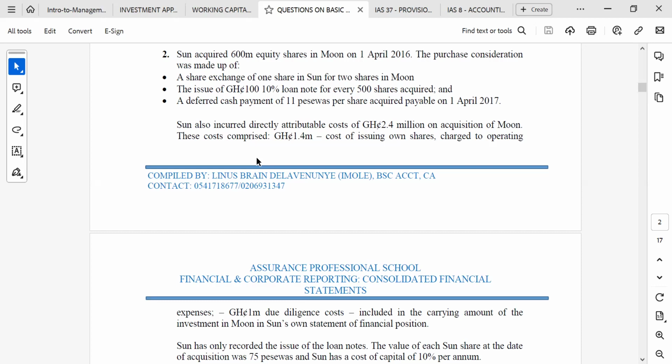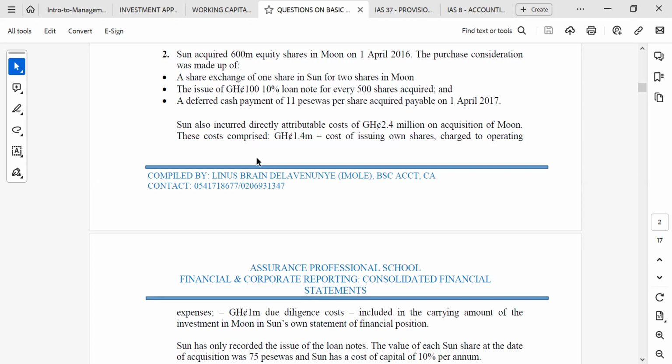They said that Sun also incurred directly attributable cost of 2.4 million on acquisition of Moon. This cost comprised 1.4 million, which is a cost of issuing own shares charged to operating expenses. Cost of issuing your own shares, how should it be treated? We looked at this the last time.